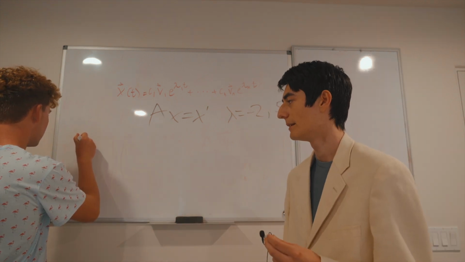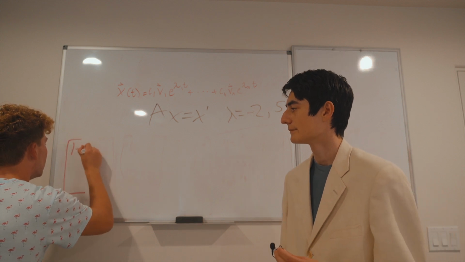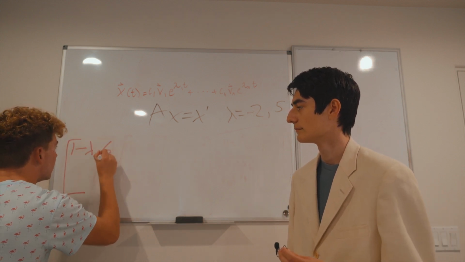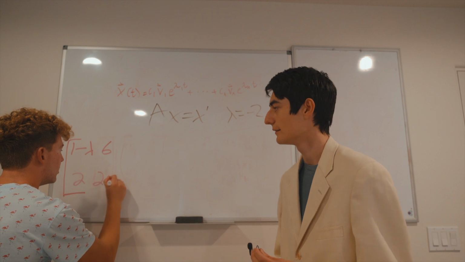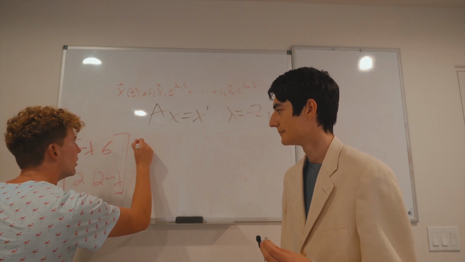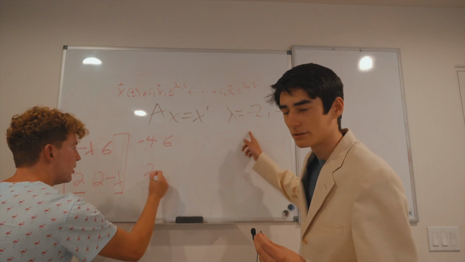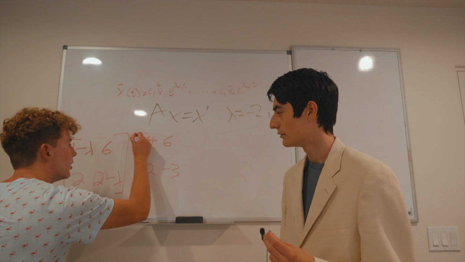Okay, so we begin with the matrix, obviously. He's trying his best to write this as well looking as he possibly can. Now he is inputting the eigenvalues into the matrix.